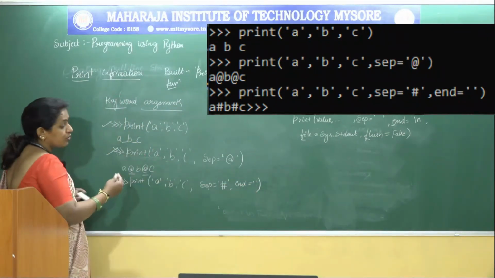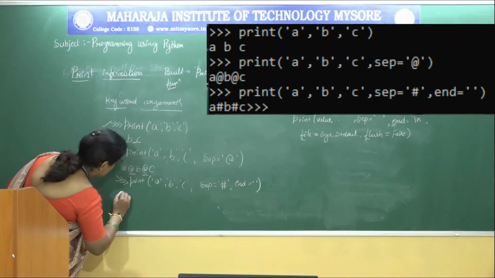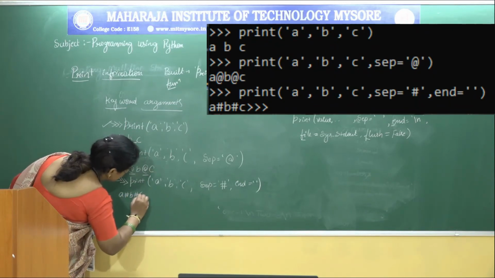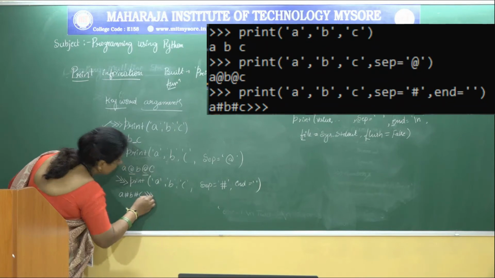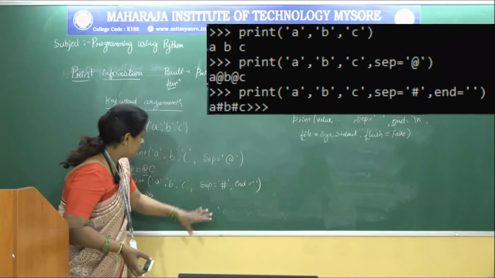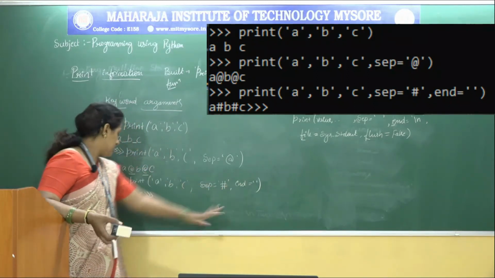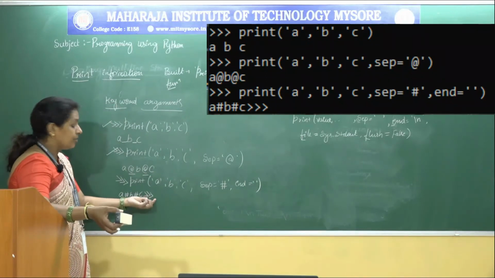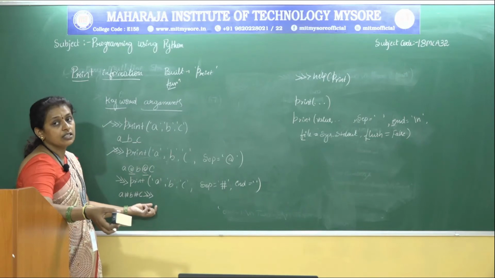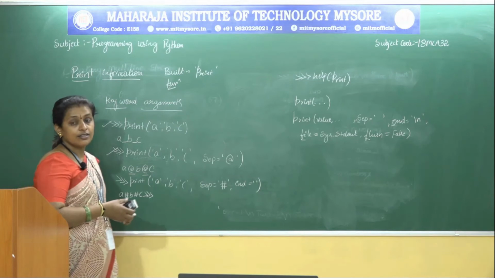The output of this will be A hash, B hash, C. Because when the end of the statement comes, we have ended with a null character, so the prompt will come immediately after the last value C. Okay, I think that is understood.